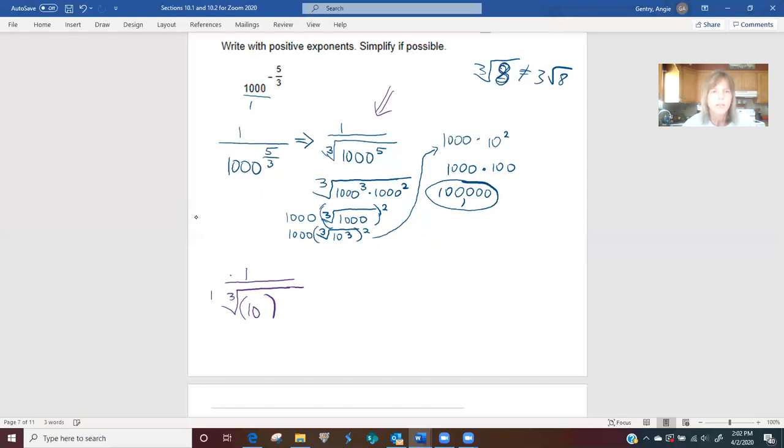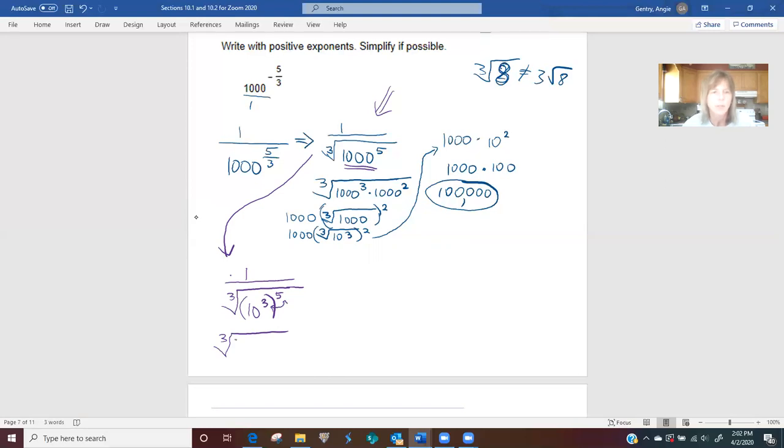a 1,000 is 10 cubed, so this may be better. Okay, so this 1,000 here is a 10 cubed, and so I changed nothing from here to here, except I wrote the 1,000 to the 5th as a 10 cubed, which is the 1,000 to the 5th. Then I use the rule that I can exchange these two. That's legal.